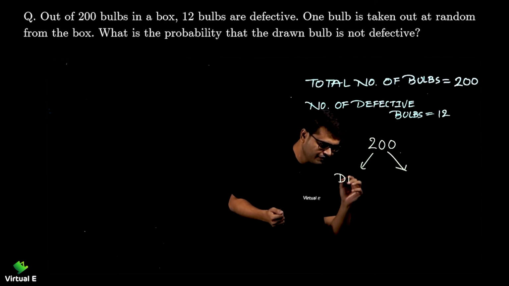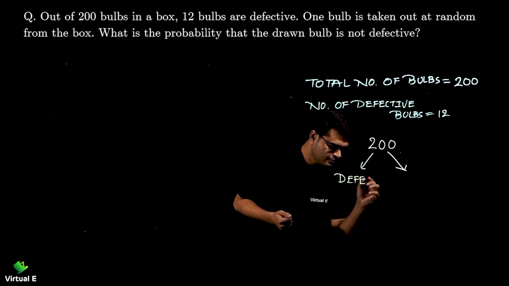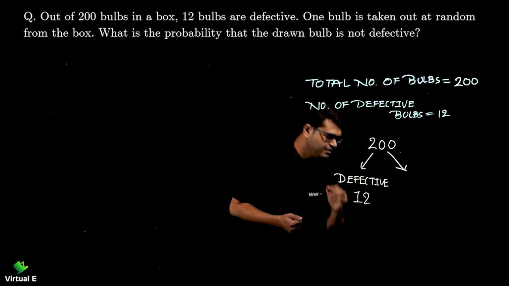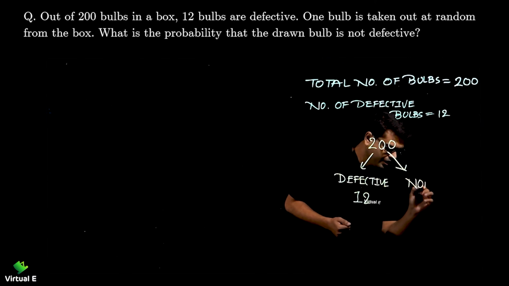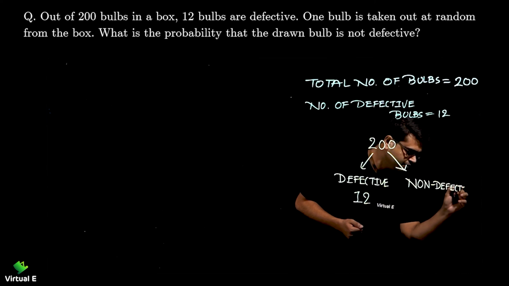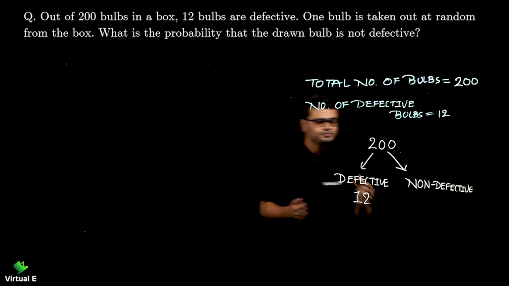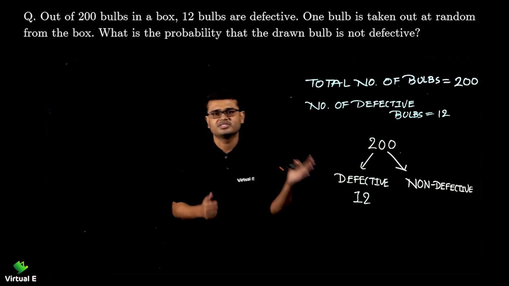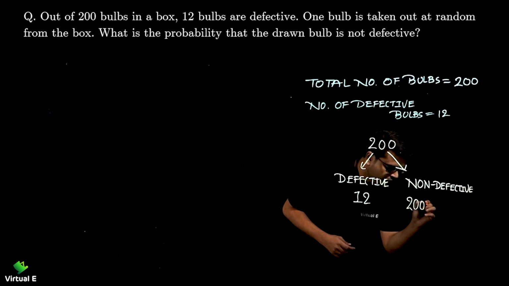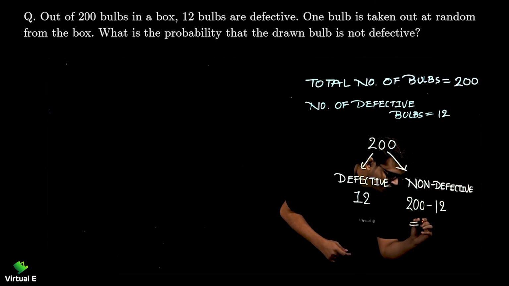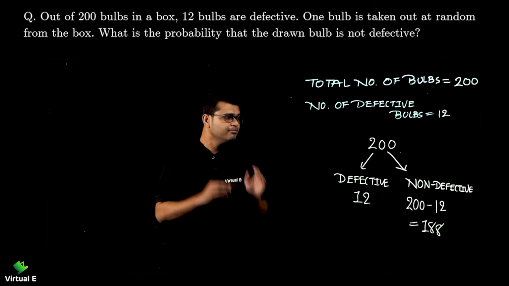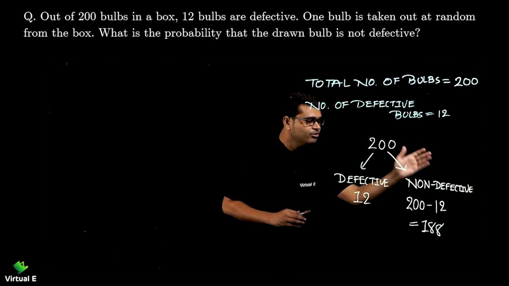First of all, defective bulbs, that is 12, and another is non-defective bulbs. So, how many can be non-defective? Simple logic, right? 200 minus 12 will give you 188. Simple.